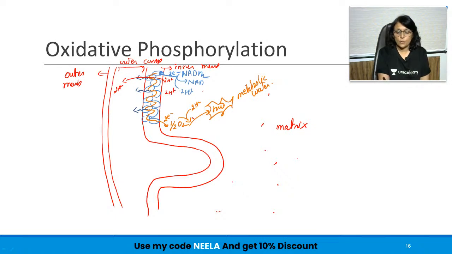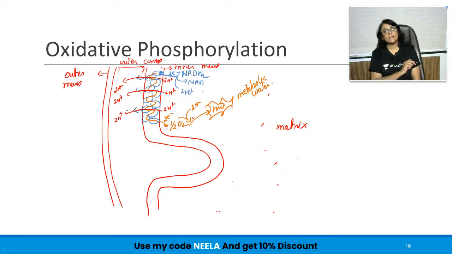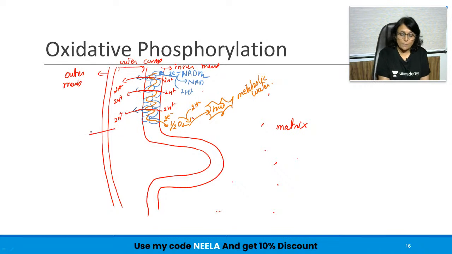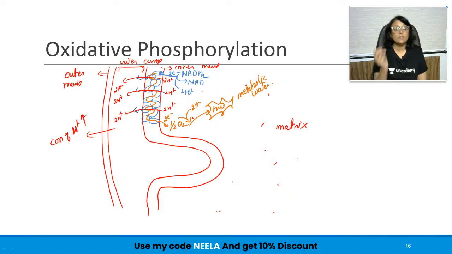A pair of protons was pumped in by using this energy. Again, at the third place, it was pumped in. So now what has happened inside the outer compartment? Here, the concentration of protons has increased as compared to the matrix. Protons are accumulating here.